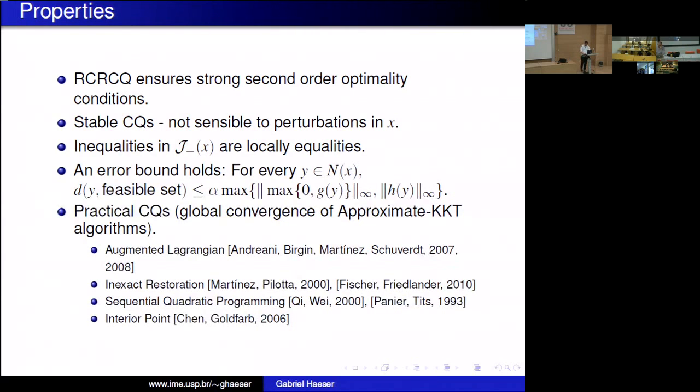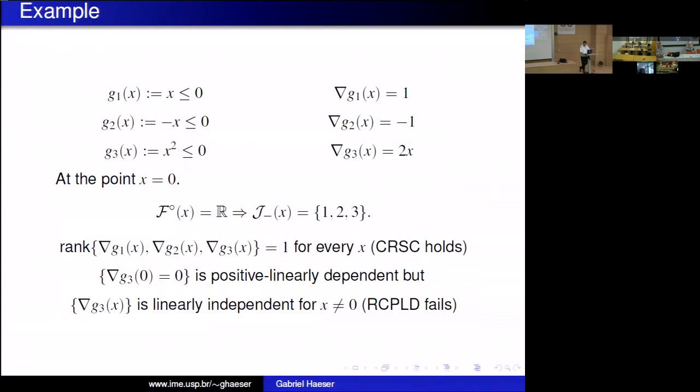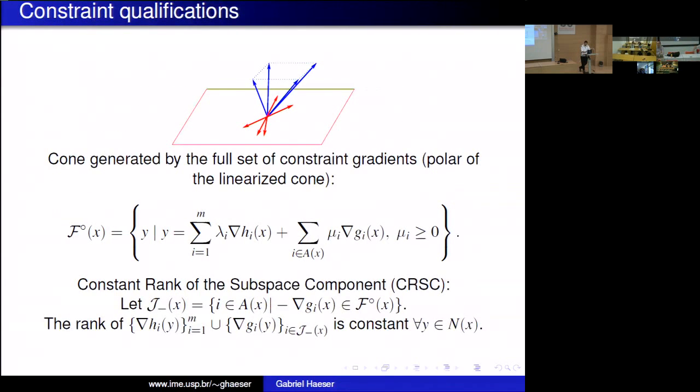And one condition that is very interesting is this. If you assume the constant rank of the subspace condition, remember that the constraints in this set J minus are inequalities, right? They are inequalities such that minus its gradient belongs to the polar of the linearized cone. So in some sense, let me come back here.